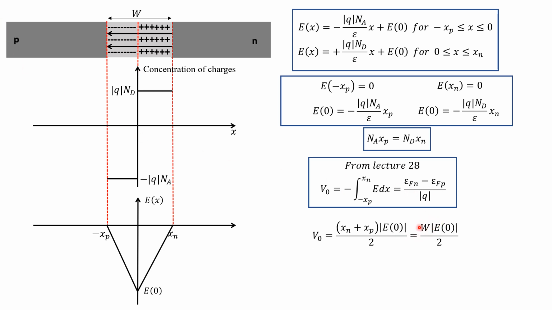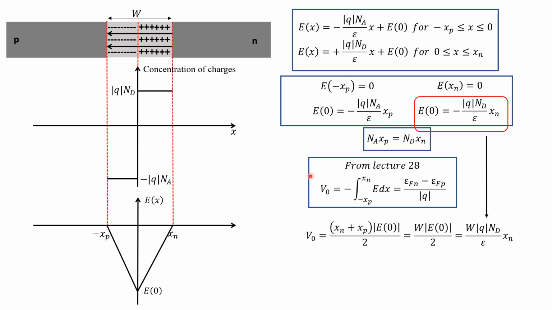To get a better notation, we're now going to express the width of the depletion region explicitly in terms of W. Remember that we define W as the width of the depletion region. And this expression we can simplify using the expression for the electric field.